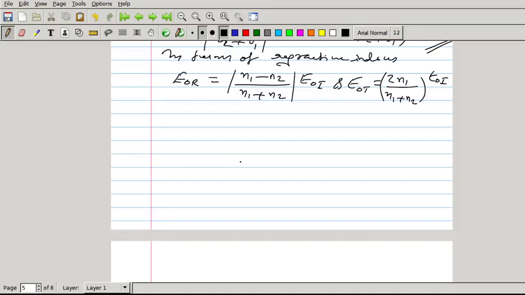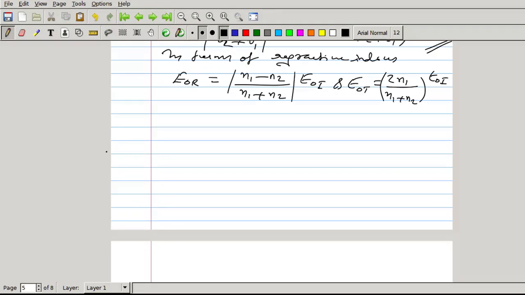What fraction of incident intensity is reflected and what fraction of incident intensity is transmitted? That fraction is represented by the reflection coefficient and transmission coefficient. First we will find the intensity of waves.